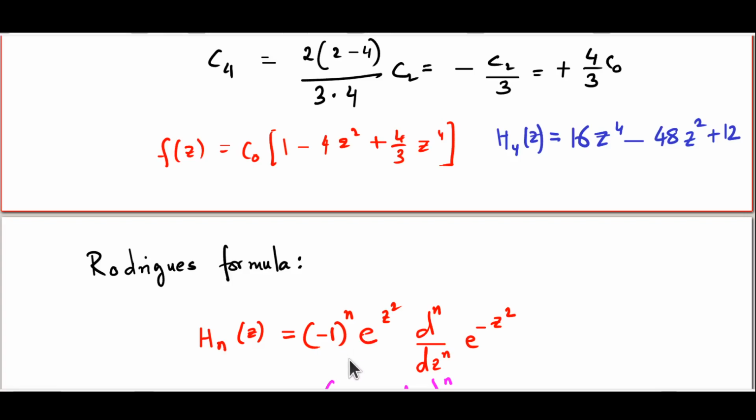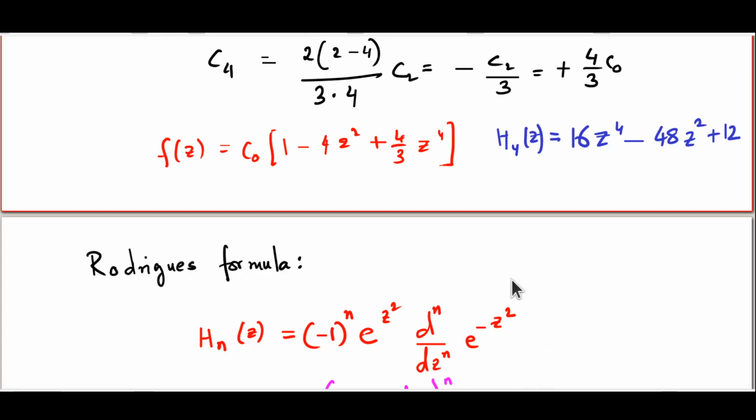Now this doesn't really look too much like a polynomial at first glance, but if you think about it a bit, each time you differentiate e to the minus z², you're essentially going to bring down an extra factor of -2z from the exponential. Of course, you will also have to differentiate any factors which are already there. So you will end up with e to the minus z² times a polynomial by means of the differentiation.